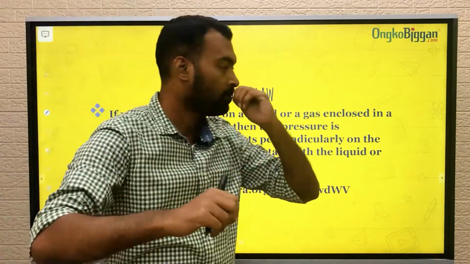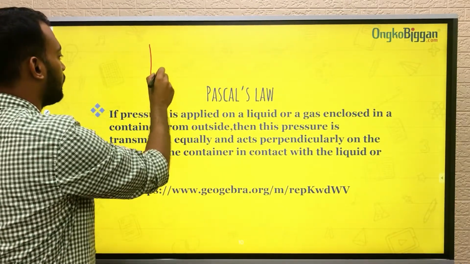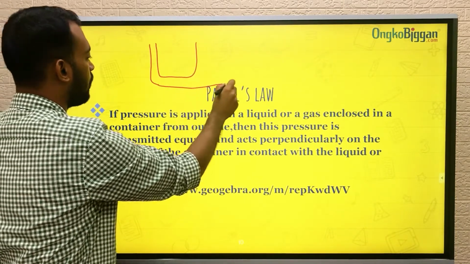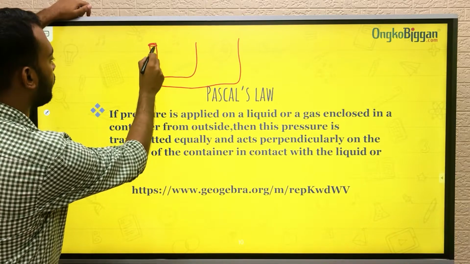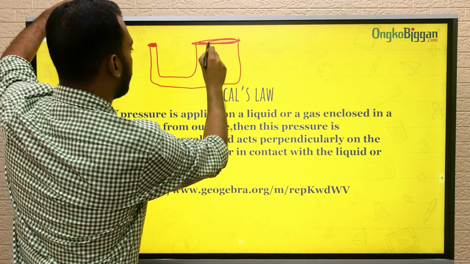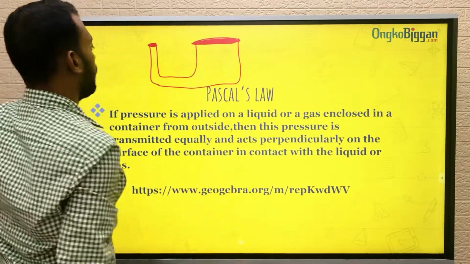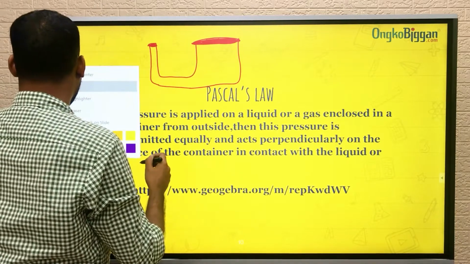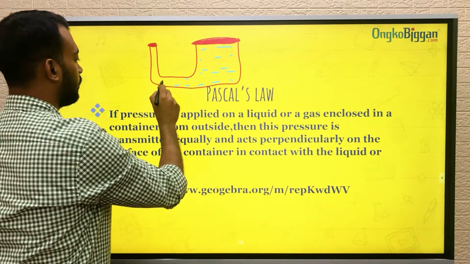Okay, so let me break this down now. Suppose you have this sort of piston. This is called a piston. It has a certain surface area, and on this side it also has a certain surface area. Now suppose in this piston there is some water within it.